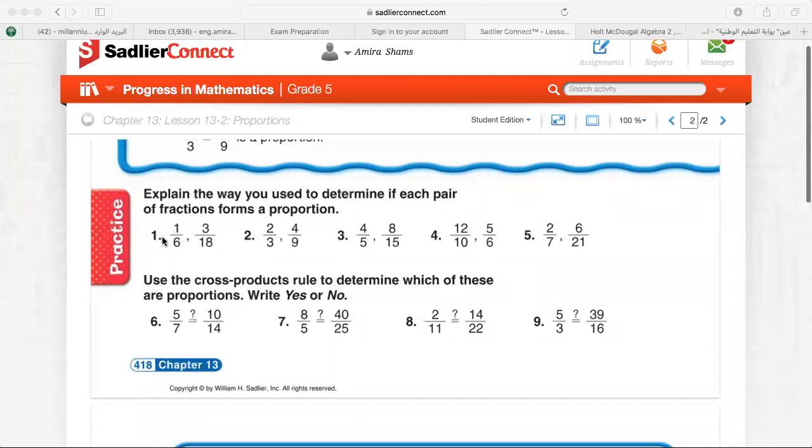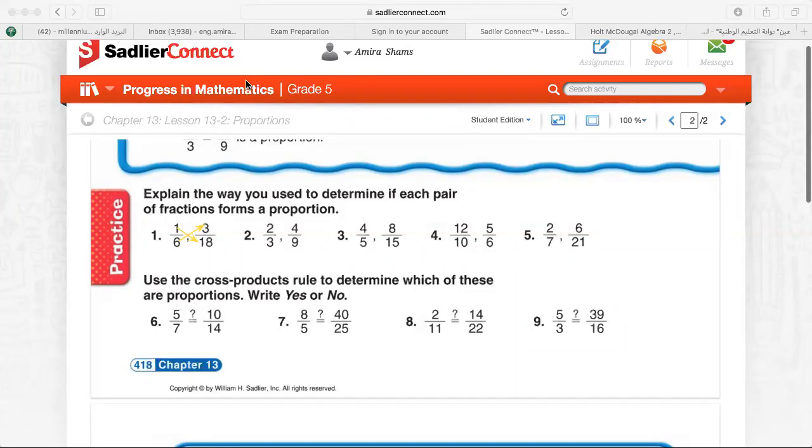Okay, so number 1. I prefer to use the cross product first, because it is easy without steps. So I will multiply 1 times 18 and 6 times 3. 1 times 18 is 18. 6 times 3 is 18.